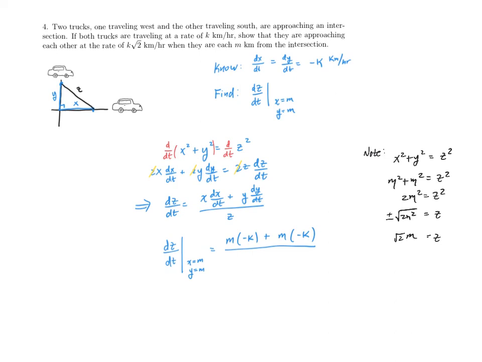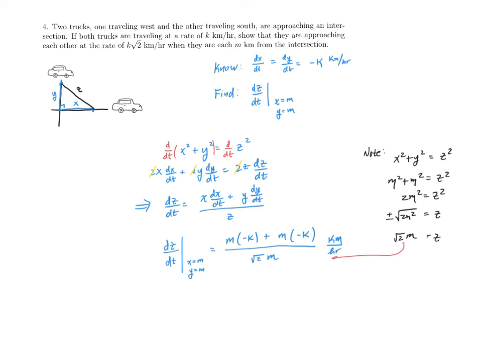And if we substitute that in for z, what we end up with is dividing by square root of 2 times m. And the units that we have for a rate of change of distance with respect to time in our problem is kilometers for distance, hours for time. And note, we can do a couple cancellations here immediately.